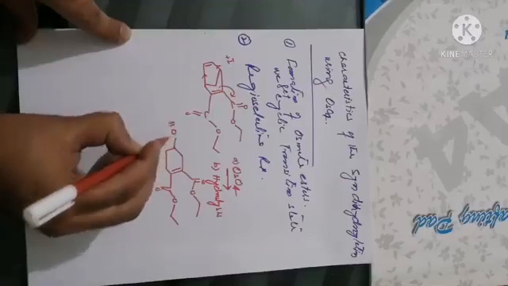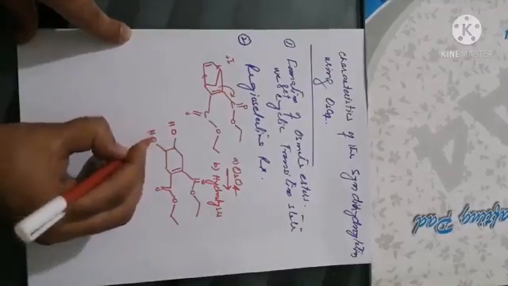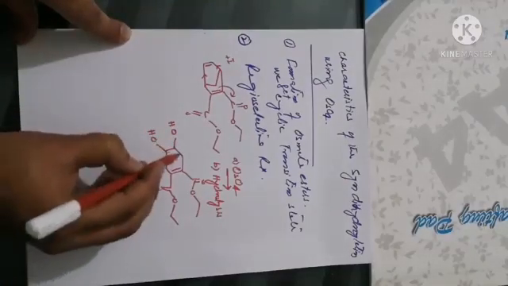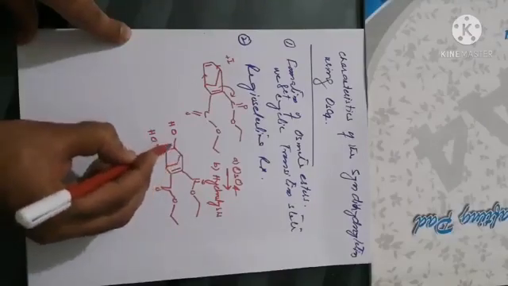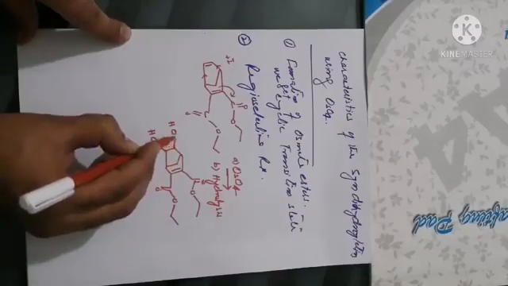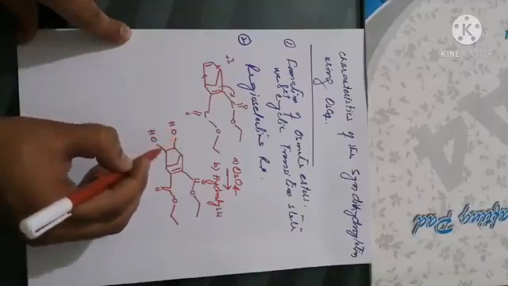I am just writing two hydroxyl groups. I'm not working on the stereochemistry. Those hydroxyl groups may be on the front side, or they may also be on the rear side.